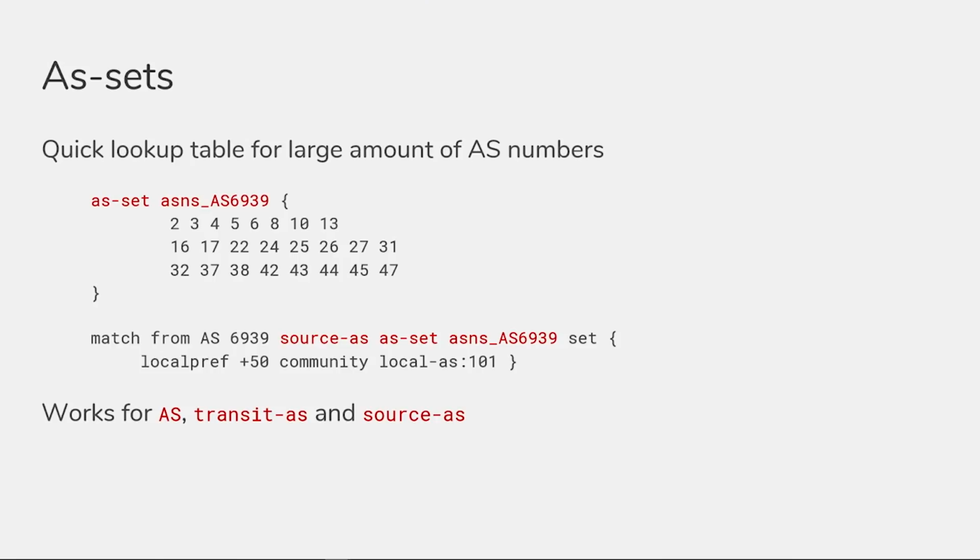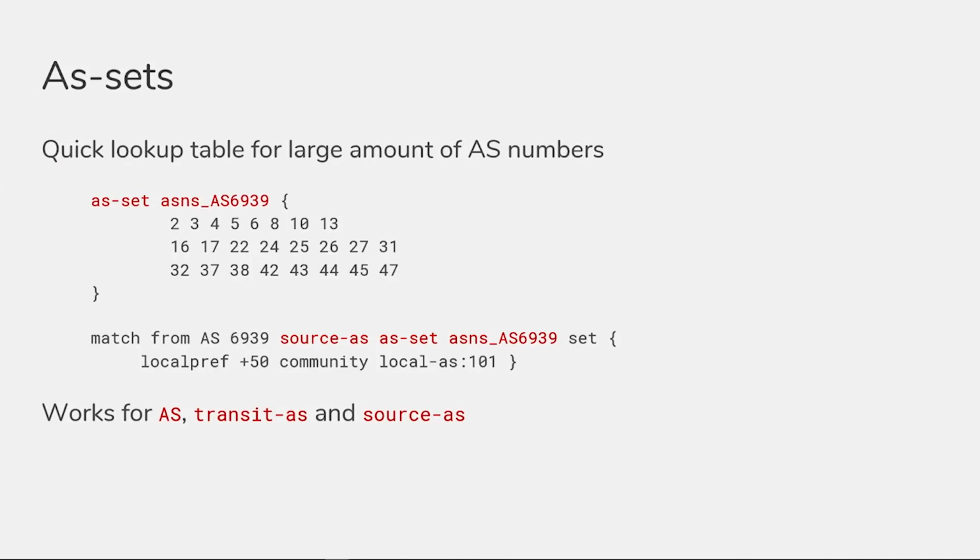You can use these tables with the source AS, which is the rightmost AS number of an AS path, or you can also use it with the transit AS, so it's everything that's in between, but not the rightmost, or even the source AS.